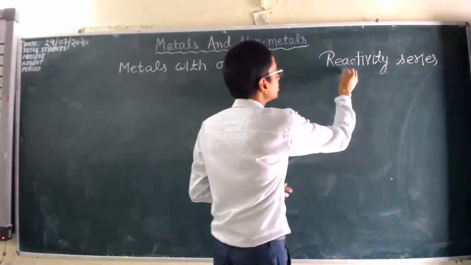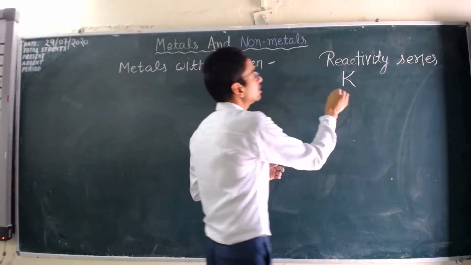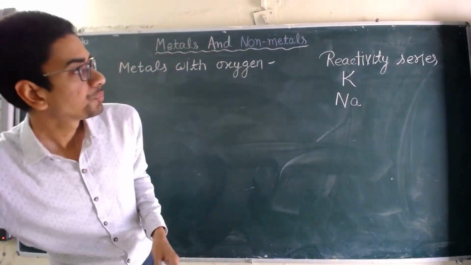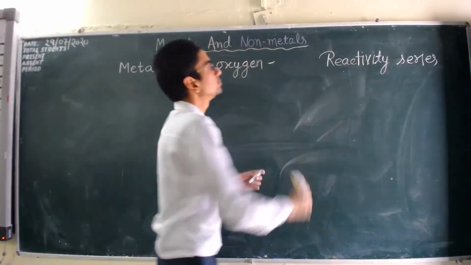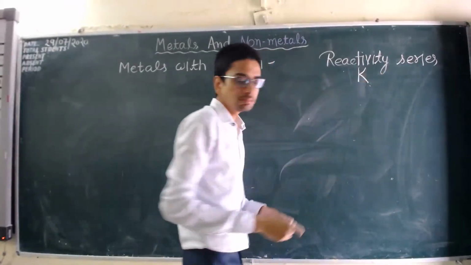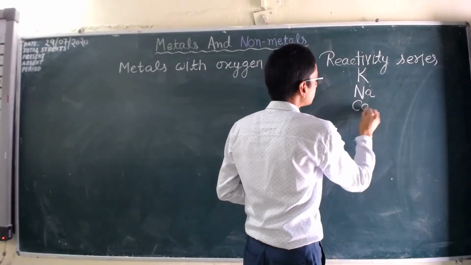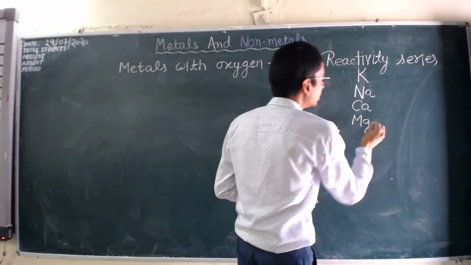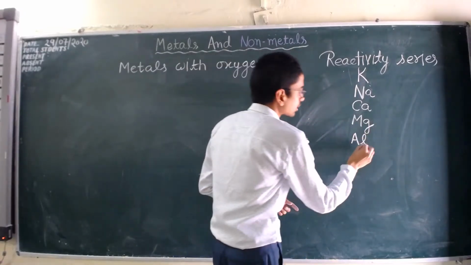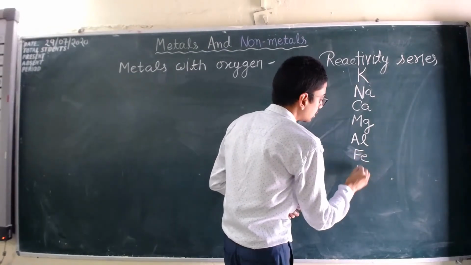For example, sodium, potassium. K is potassium. You know about the symbols. In 9th class we have studied. Sodium, potassium, calcium, magnesium, aluminium. These are all metals. Then iron, lead.